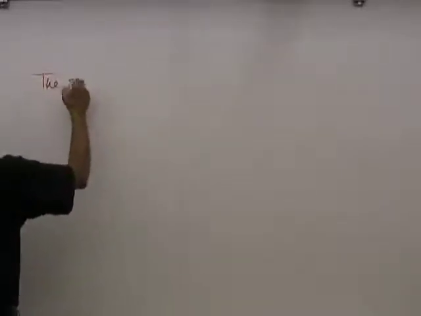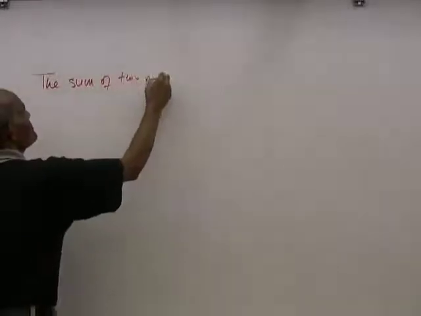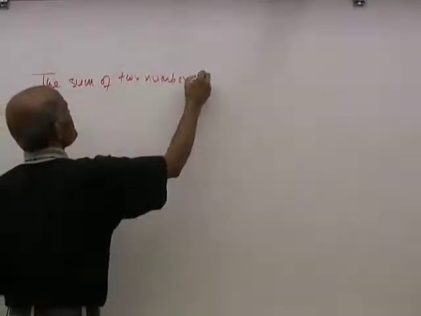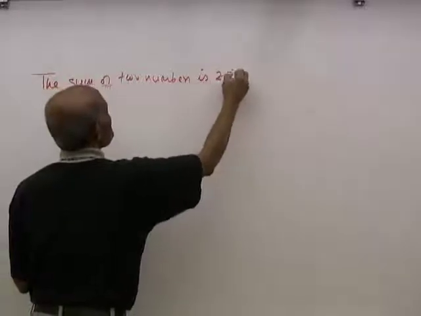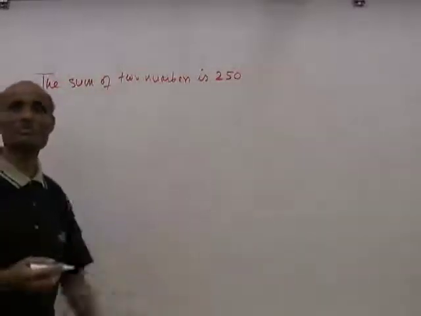Before we close, let me give you another simple problem. The sum of two numbers is, say, 250. I'm just making it up. The sum of two numbers is 250.